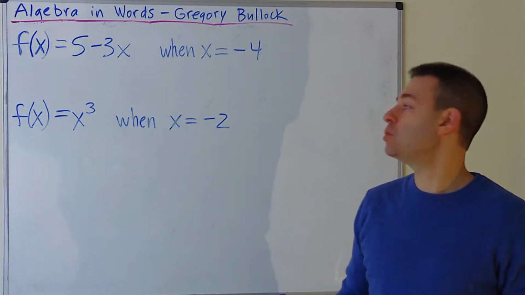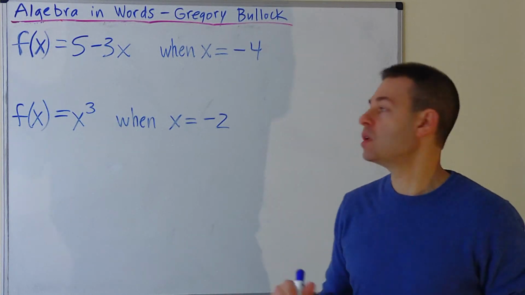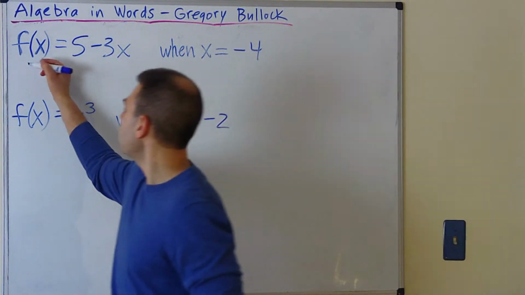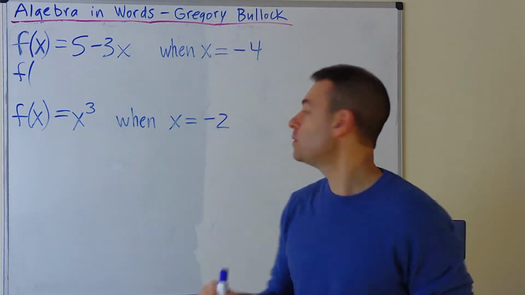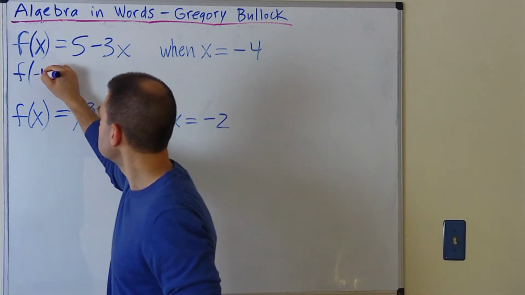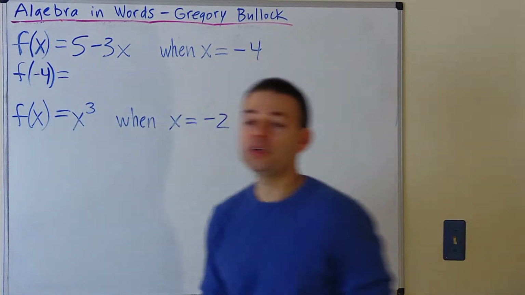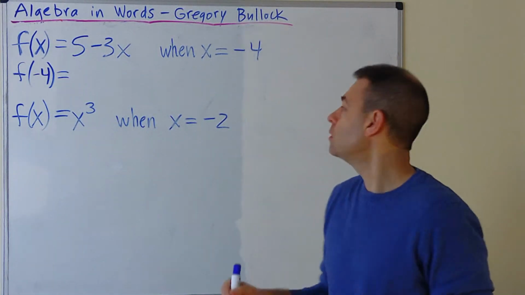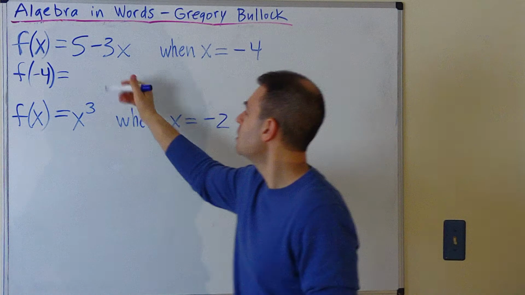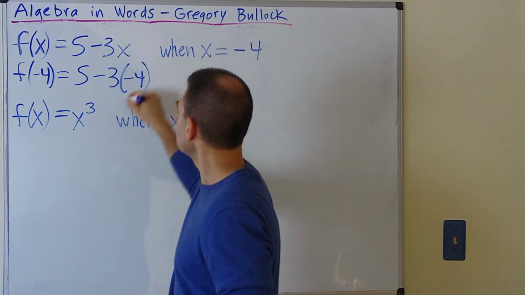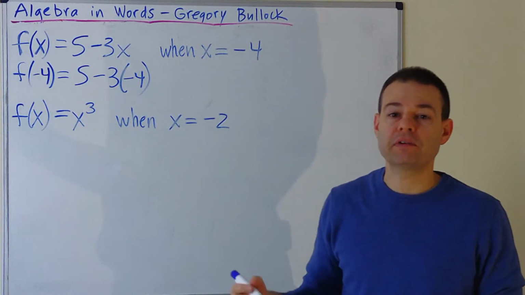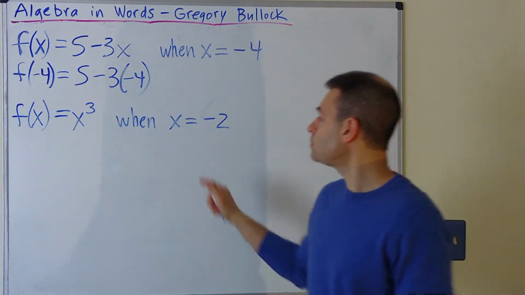Okay, so watch what I do here, just so we go through the proper steps. The way you would say this is f of -4 equals, and now I'm going to plug in -4 for x. So rewriting the 5 minus 3 and substituting the -4 in for x, and now I'm just going to simplify.